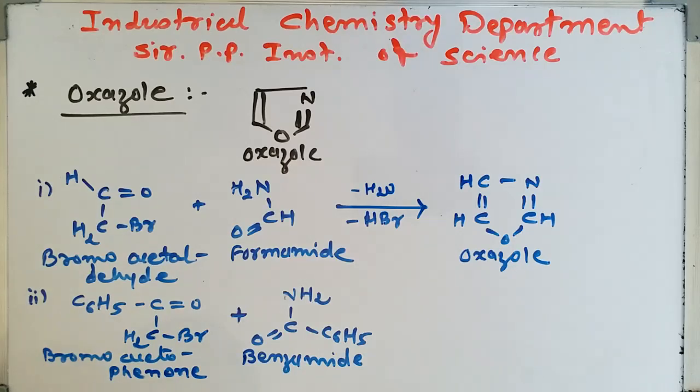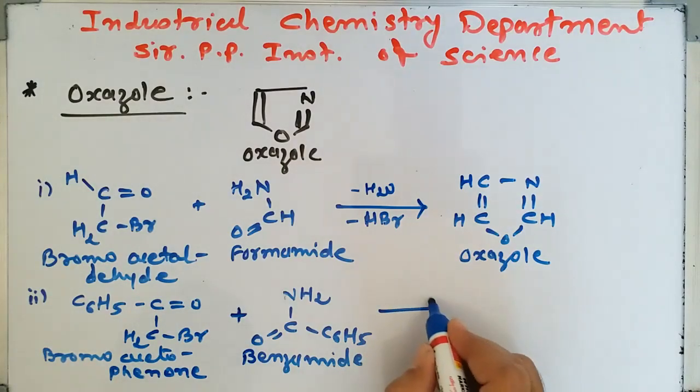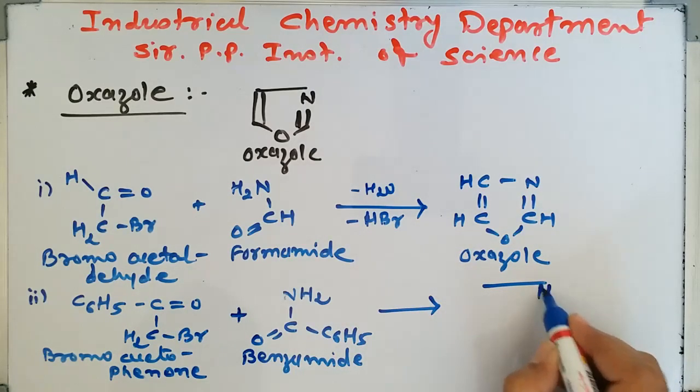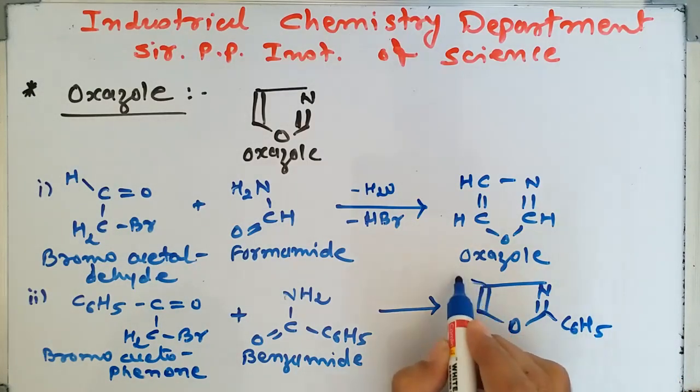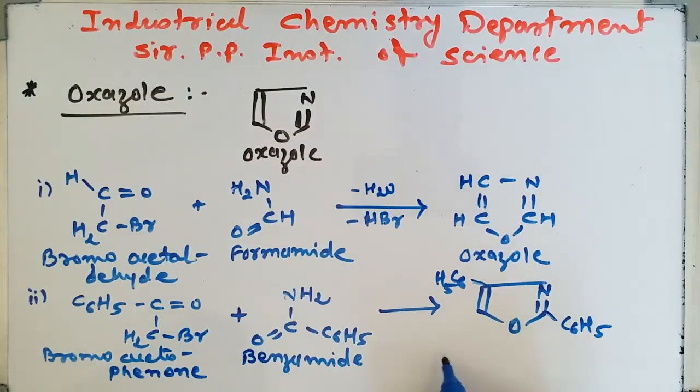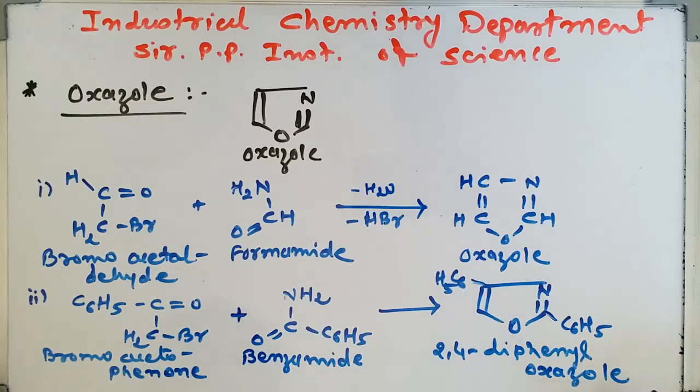So we get 2,4-diphenyl oxazole, with C6H5 at positions 2 and 4. So by the interaction of an acid amide and an alpha halogen ketone, we get a derivative of oxazole.